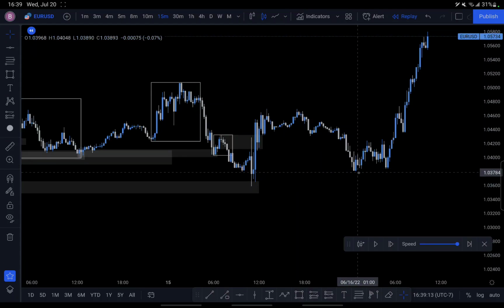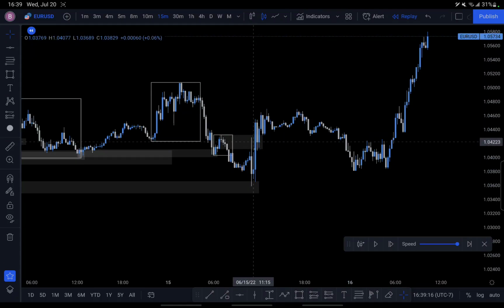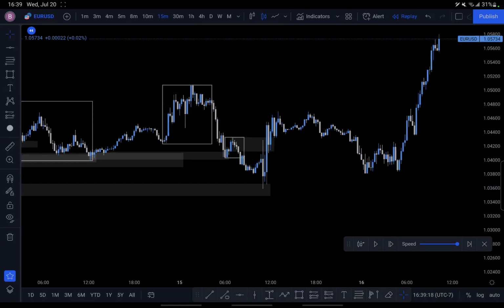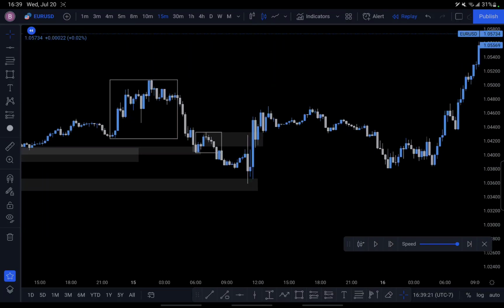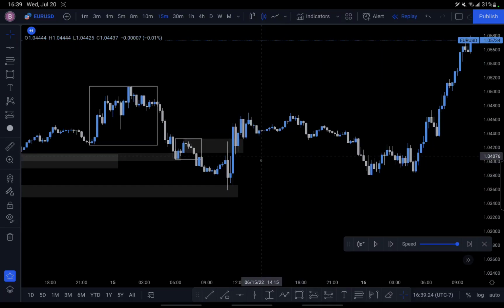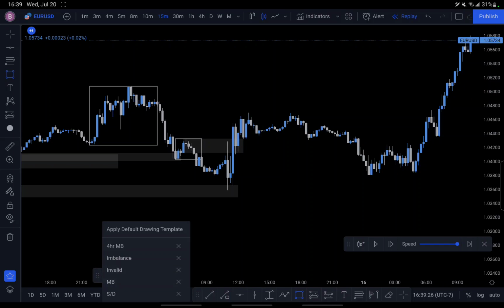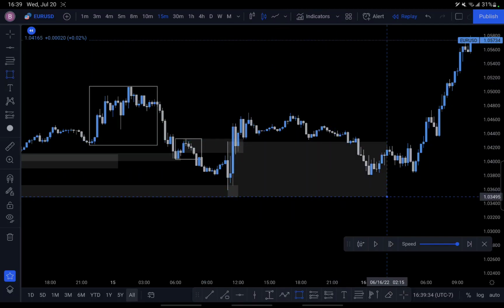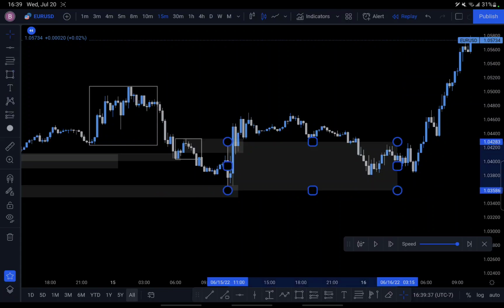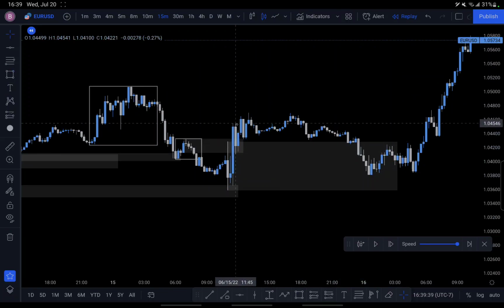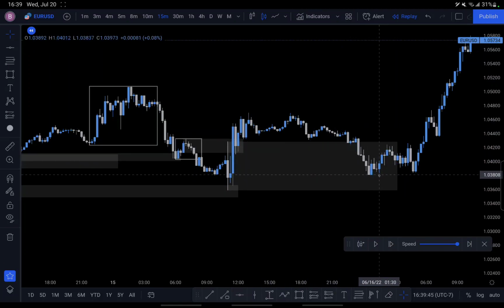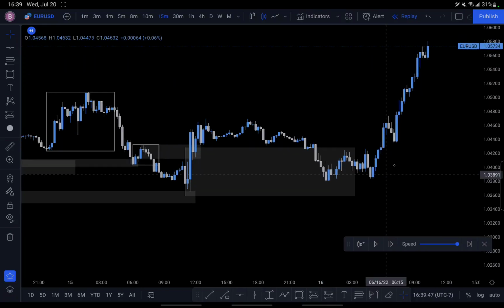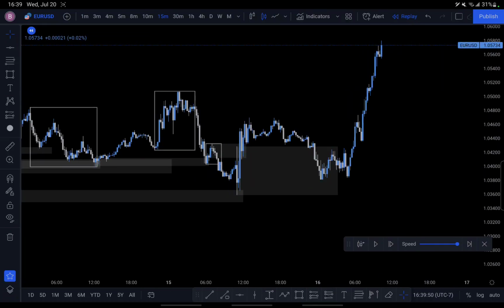It looks like it tested this demand zone here, which I'm sure on a smaller time frame, which I don't feel like refining because I'm not refining at this point. But let me just mark up my demand zone here. This is my demand zone. We can see it got validated here, traded into it less than 50%, came back in, traded past the 50% before taking off. So I'm going to rewind price here.